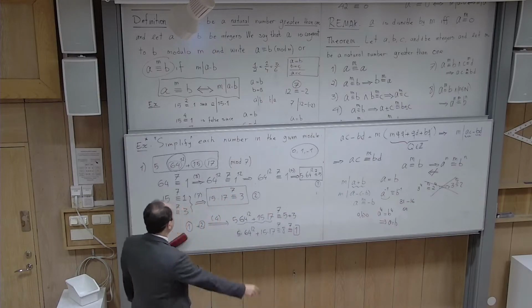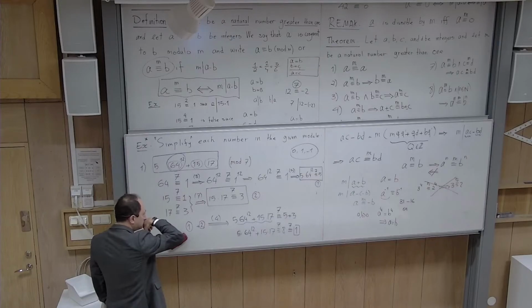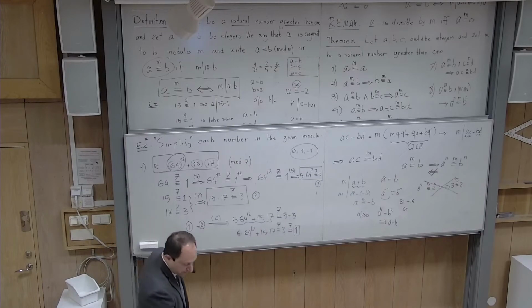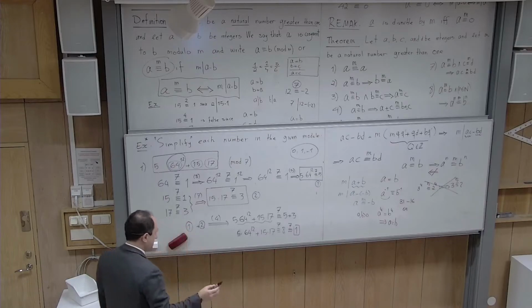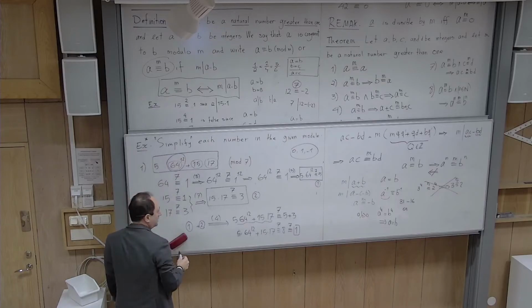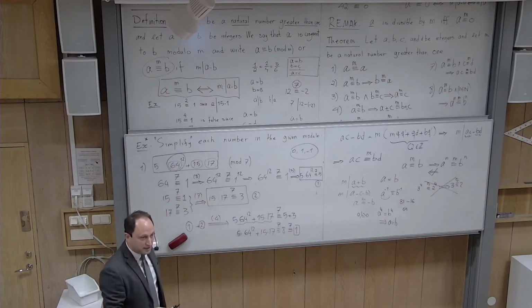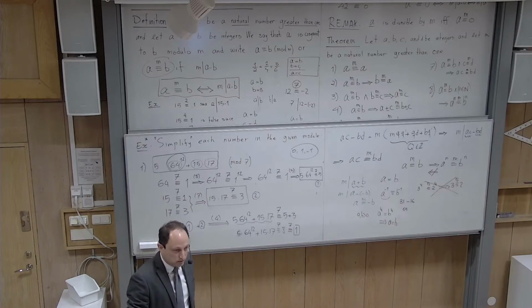So I myself prefer to stop here, but that's also okay. So this is why simplify is a little bit vague argument here. But the convention is this. When I say simplify, not in the quotation mark, I want you to give me a positive number strictly smaller than the module. Okay?